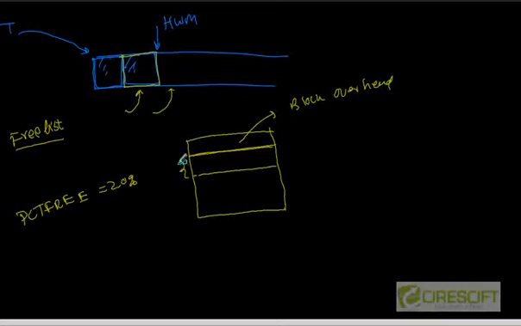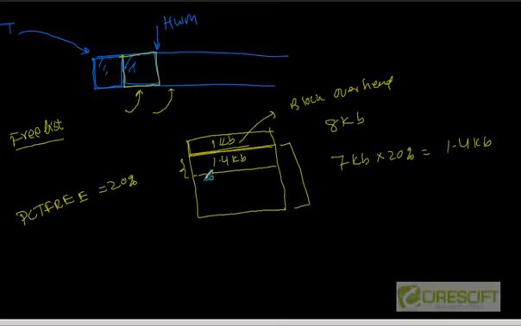Let's assume that the block size is 8 kilobytes, and I'm going to make 1 kilobyte for the overhead. So that means I have 7 kilobytes remaining from my block. 20 percent of 7 kilobytes is 1.4 kilobytes, so I'm going to leave 1.4 kilobytes empty and unused.